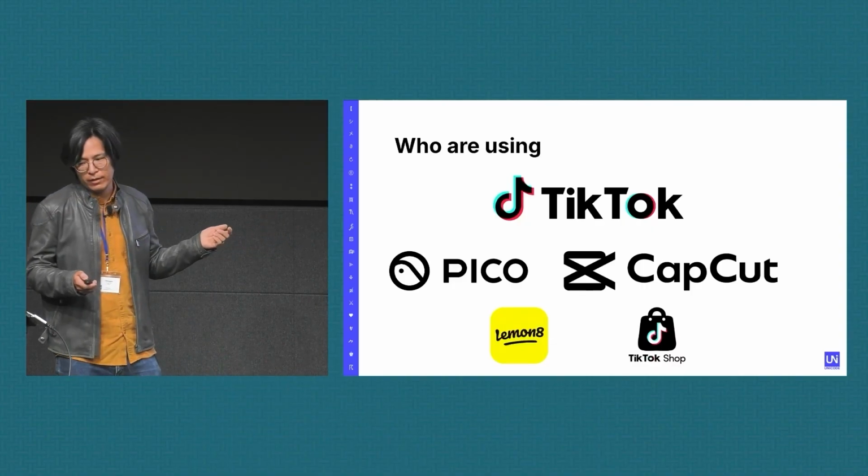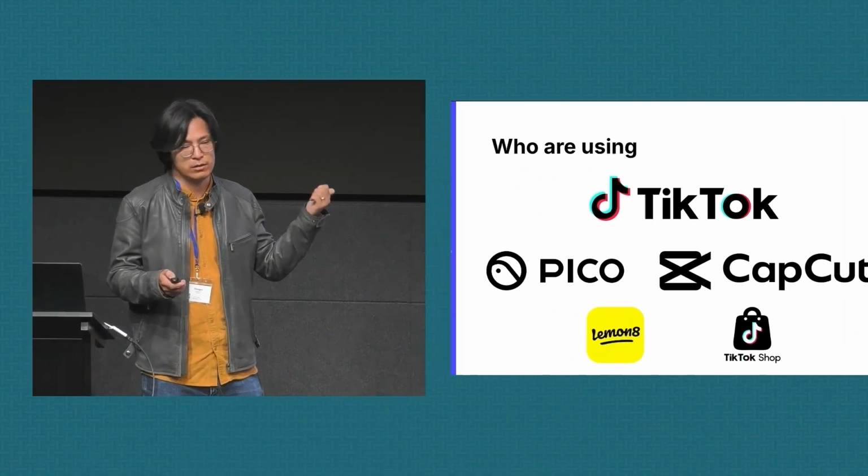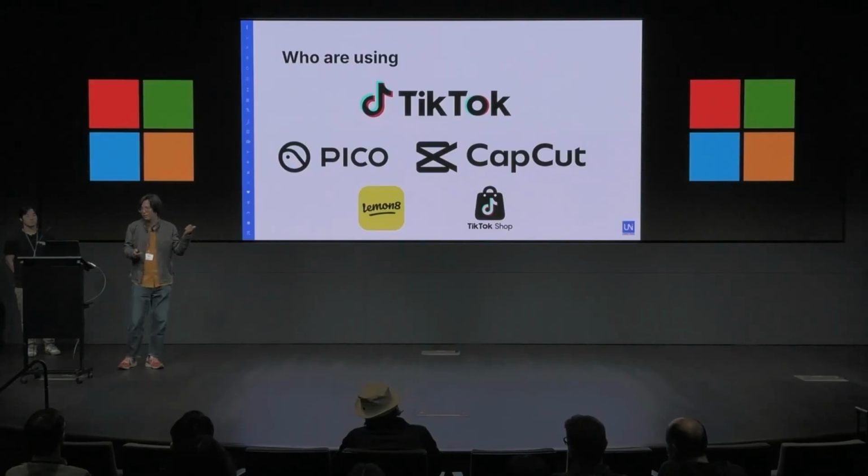So this system is being used by most of the ByteDance apps like TikTok, Pico. Pico is the XR device, and also CapCut, the video editing tool, and Lemonade, another social platform we built, and also for TikTok Shop.